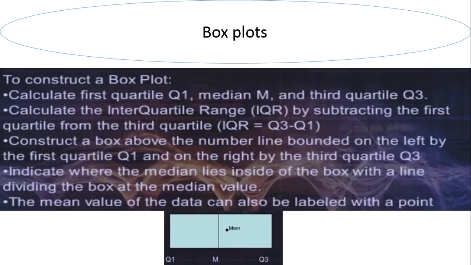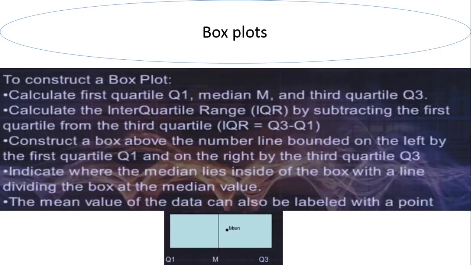After that, you indicate where the median lies inside the box with a line dividing the box at the median value. The mean value of the data can also be labeled with a point.